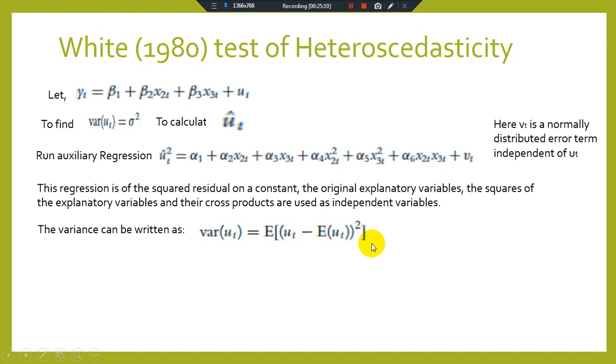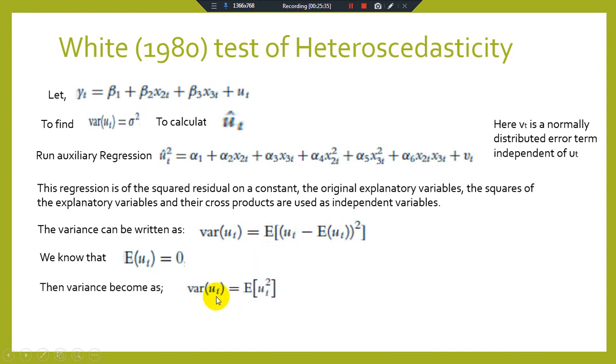If you open this square, then we are very well aware that the expected value of ut is equal to 0. If you put the expected value of ut equal to 0 here, then your variance is equal to u squared. So this shows that the variance of the error term is constant. So this is technically known as homoscedasticity in this case.